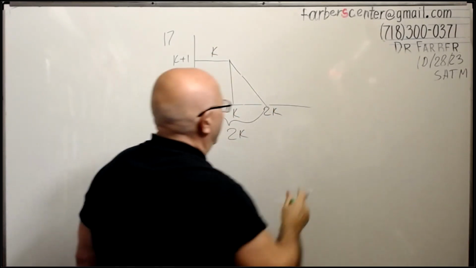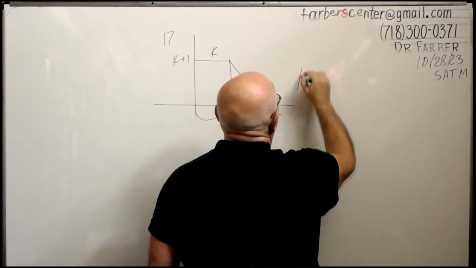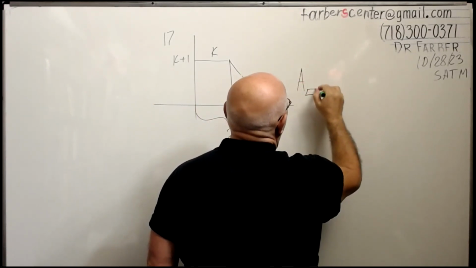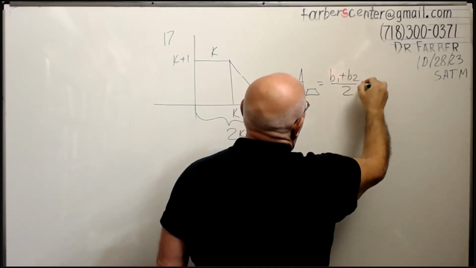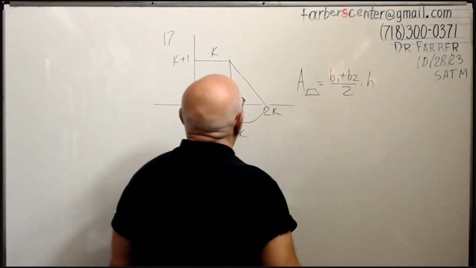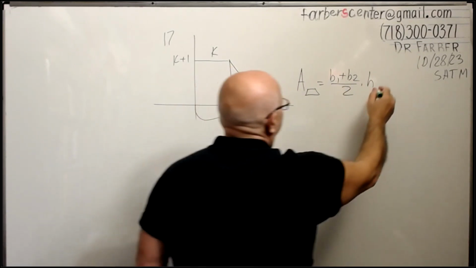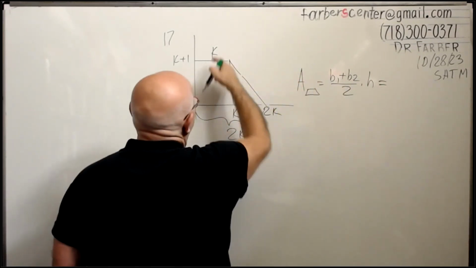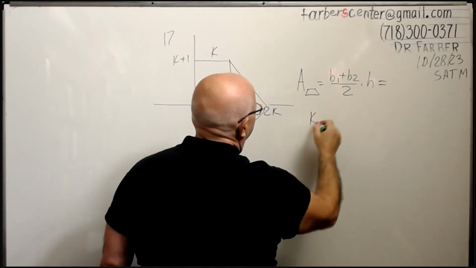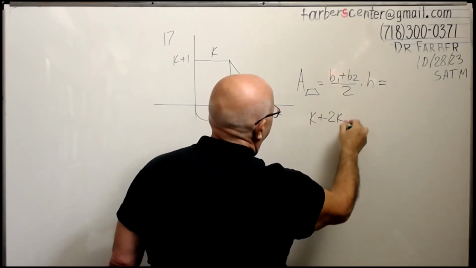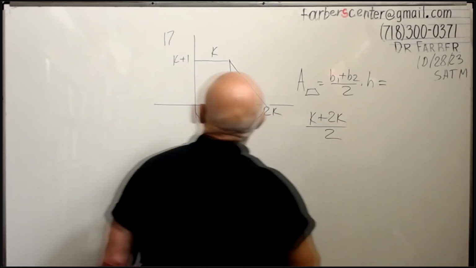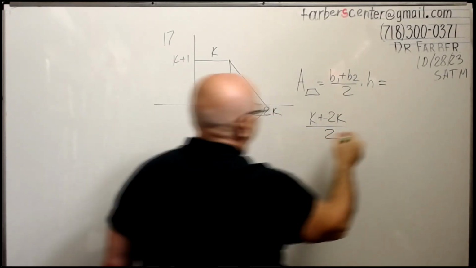The area of a trapezoid, fourth grade: base 1 plus base 2 divided by 2 multiplied by the height. Or k plus 2k divided by 2 multiplied by k plus 1.